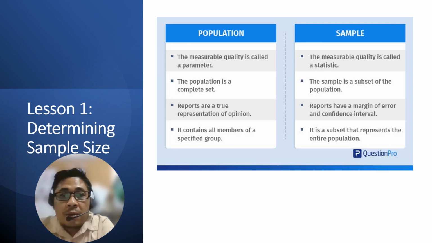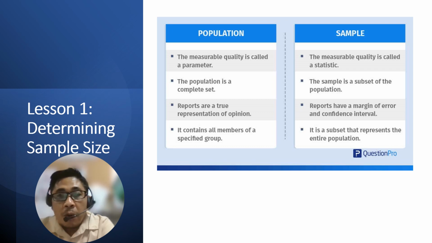So the sample's measurable quality is called statistics. There is a formula to calculate the acceptable representative of the population. So the sample is a subset of the population, and actual reports have a margin of error and confidence interval.